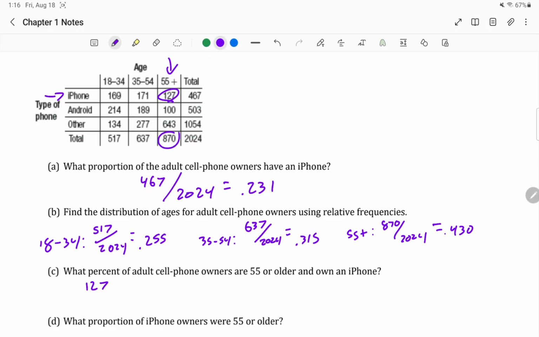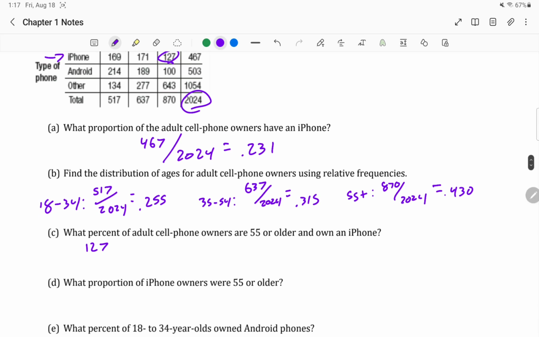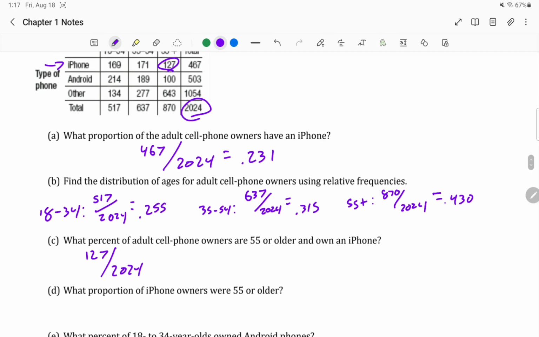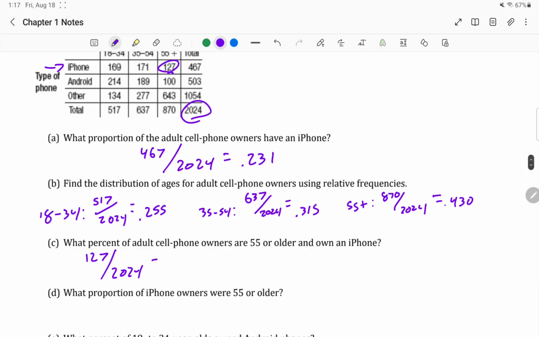Is it all 55 plus and I'm putting over 870? Is it all iPhone users and I'm putting over 467? Or is it everybody and I'm putting over 2024? And this says adult cell phone owners. So that means it's over 2024. It's over everybody. And that means 0.063.